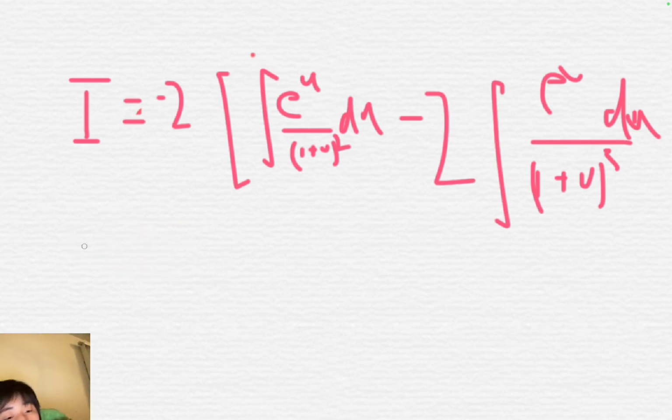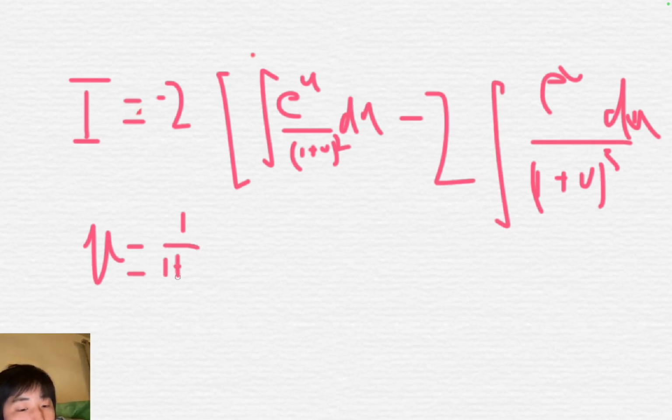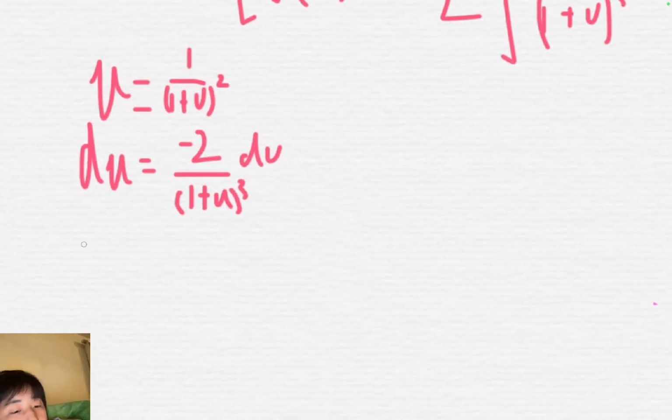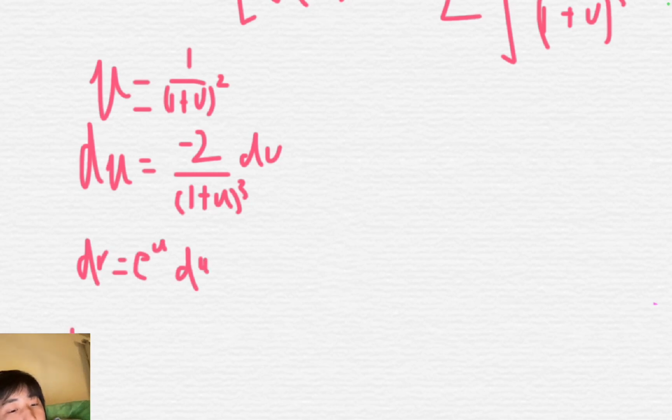So let's do u equals 1 over 1 plus u squared, and du is equal to negative 2 over 1 plus u cubed. And we've got dv equals e to the u du, and then v equals e to the u.